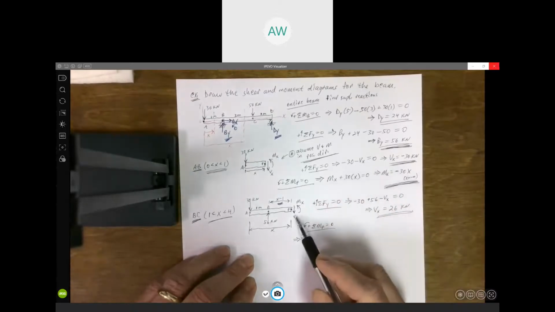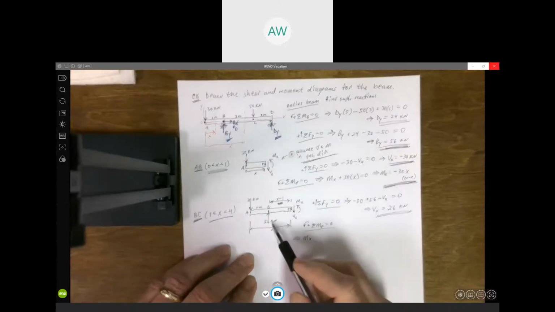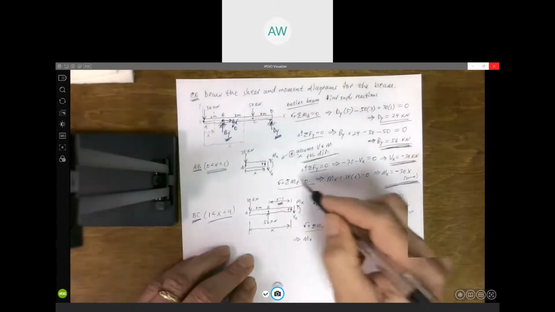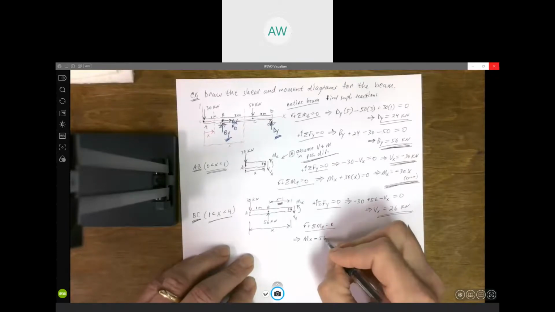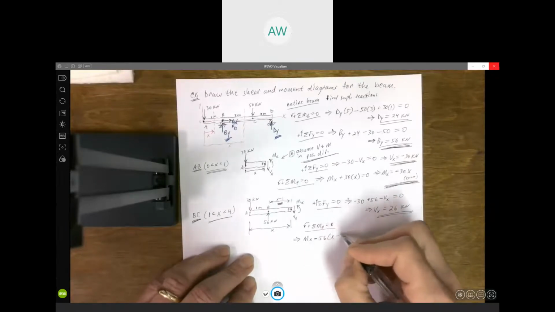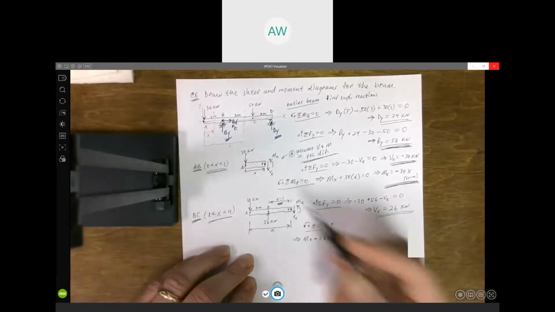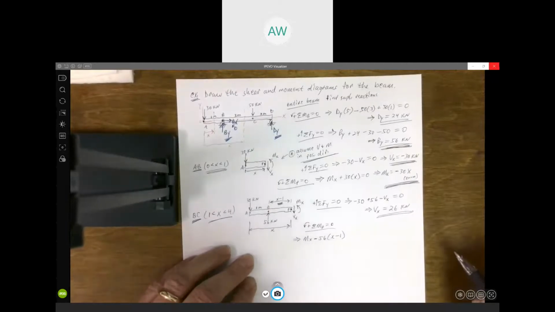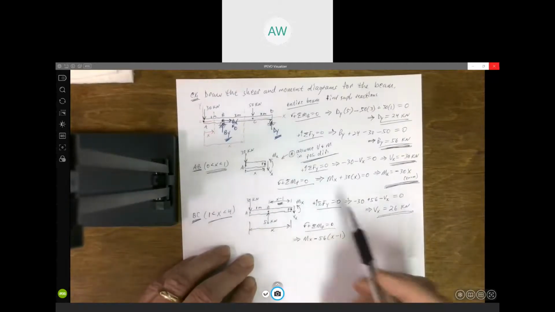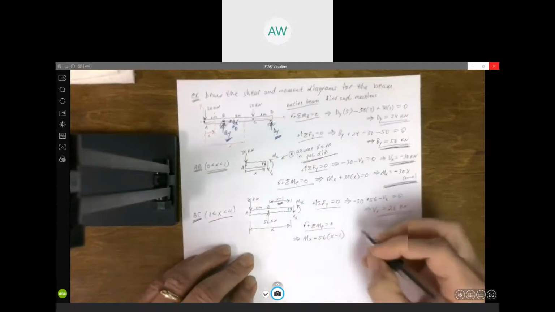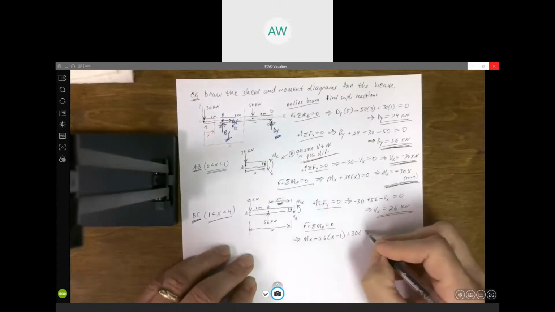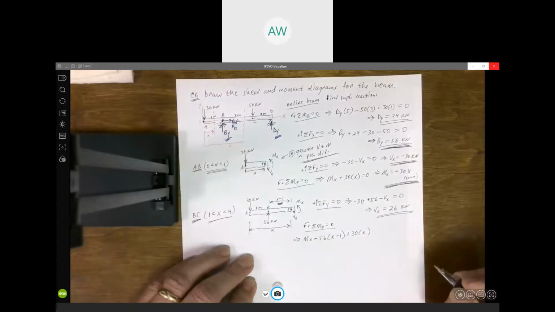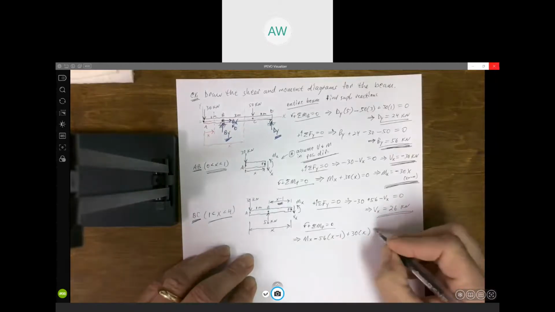All right, we eliminate V. 56 is going to cause a clockwise moment about P, so that'd be a negative moment, 56 times x minus 1. That's why we need that distance. And then the 30 kilonewtons is causing a counterclockwise moment, so that'd be a positive moment of 30 times that total distance, which is x. And that's got to be equal to 0.